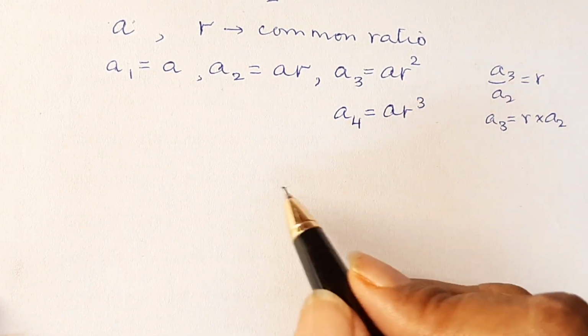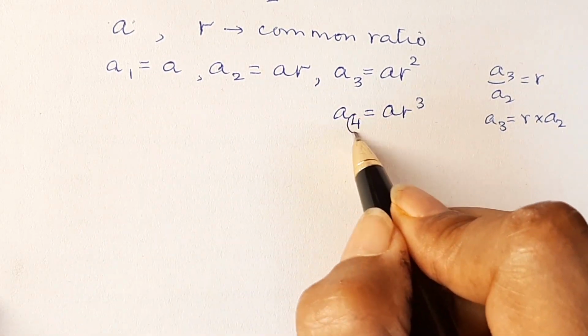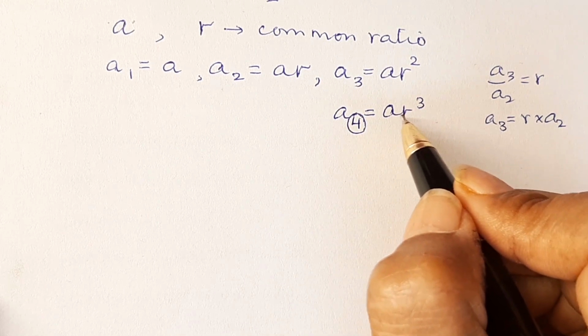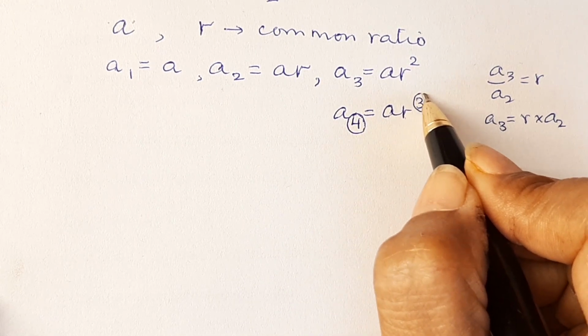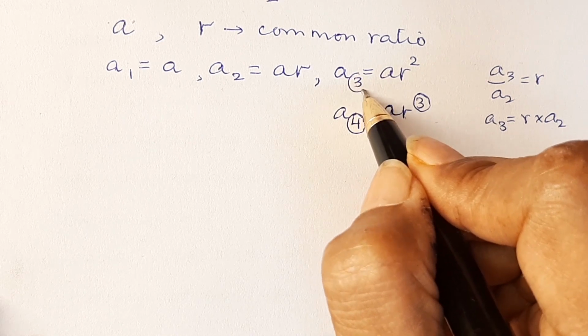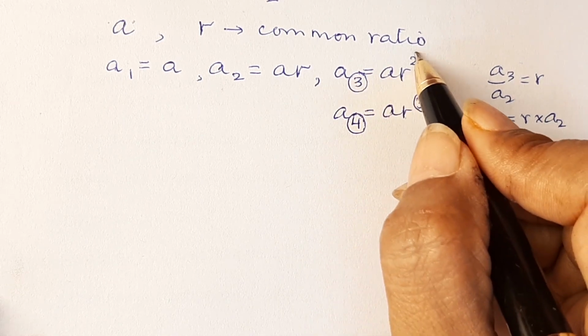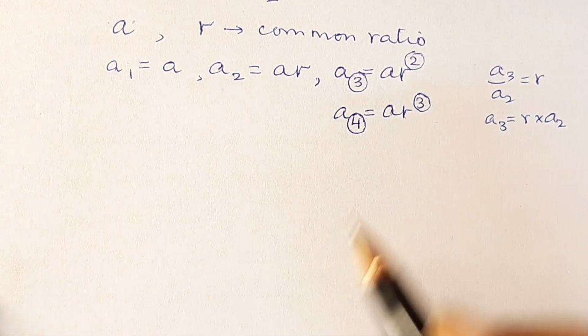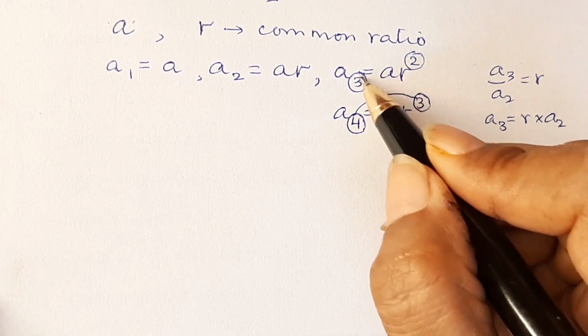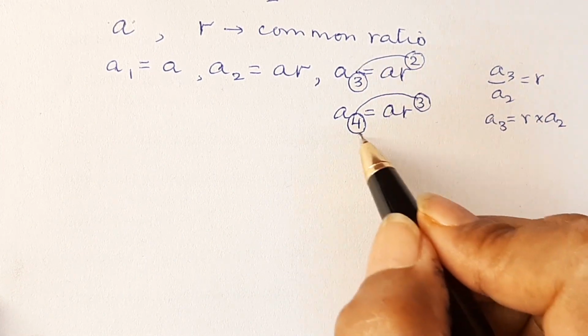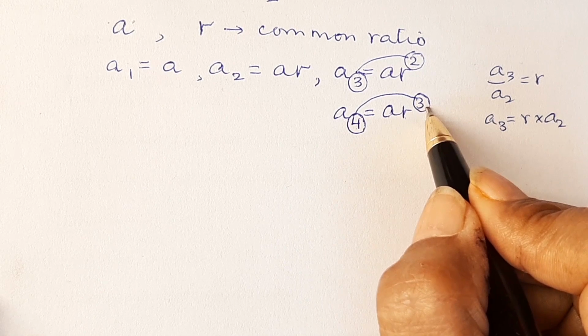Now if you observe the pattern, if it is the fourth term, I have AR but the power is 3. If it is the third term, I have power of R as 2. Now what is the connection between these two? 4 minus 1 gives you 3.